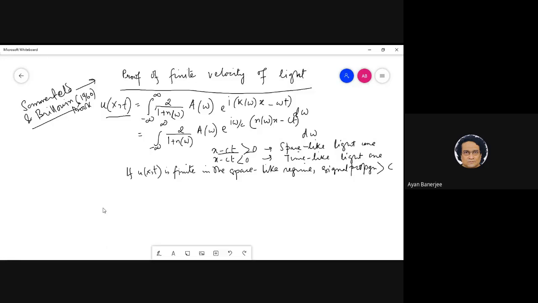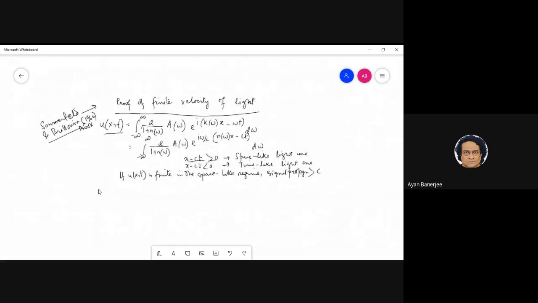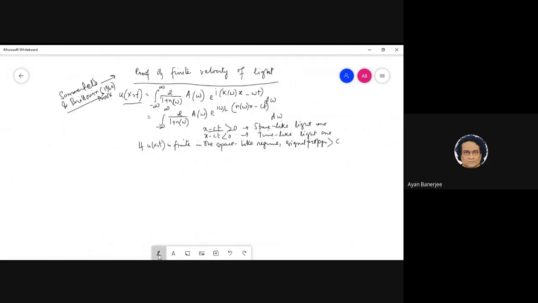Okay, so now we go to this nice way of trying to solve these complex integrals, and that is the Cauchy integral theorem. We plot the complex plane where omega 1 is your real omega, and omega 2 is imaginary omega. Okay, and we define a contour.